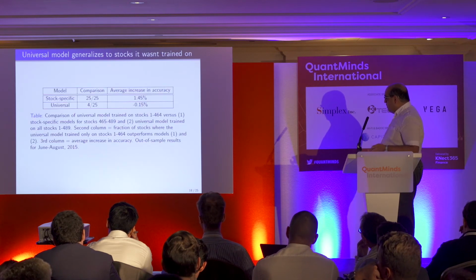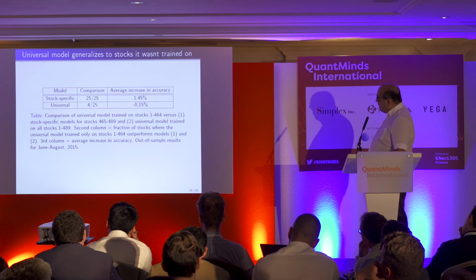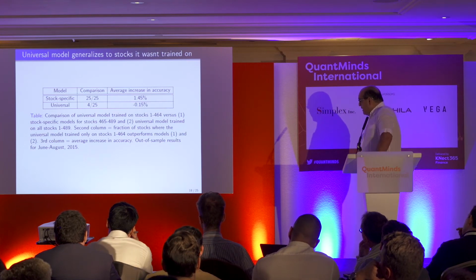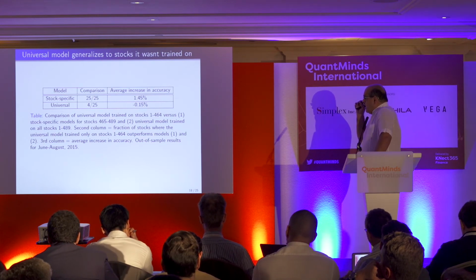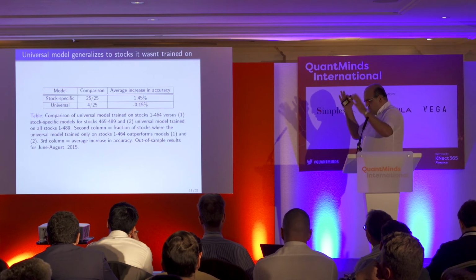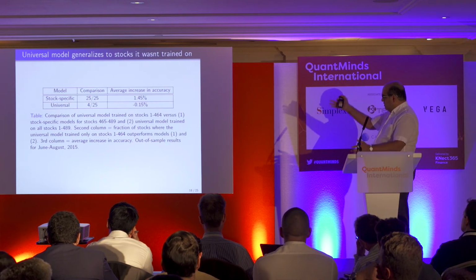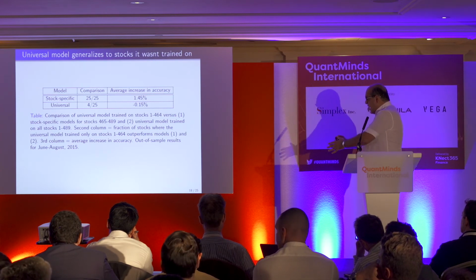And in fact, this is a more complicated table. So here, we actually compare three things in this table. We compare a model trained jointly on all stocks in the first half, the first 500 or 464. Then we train another universal model on the second half.